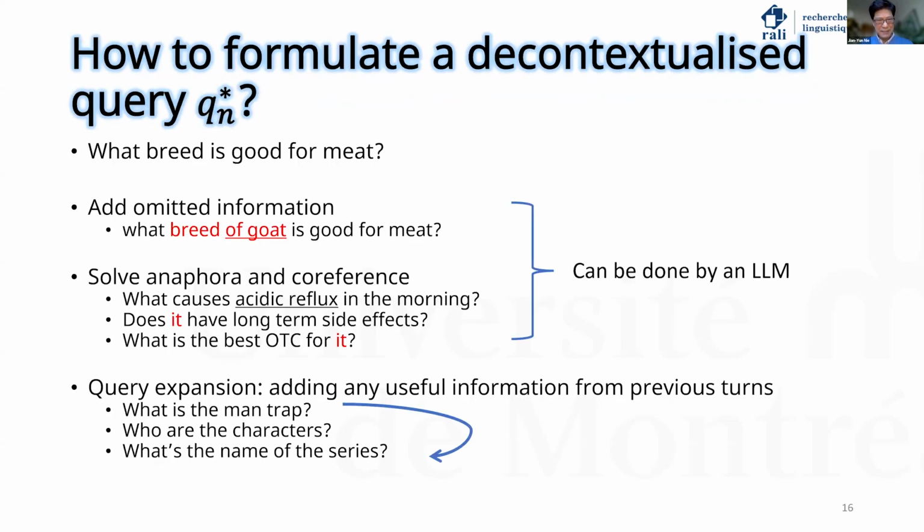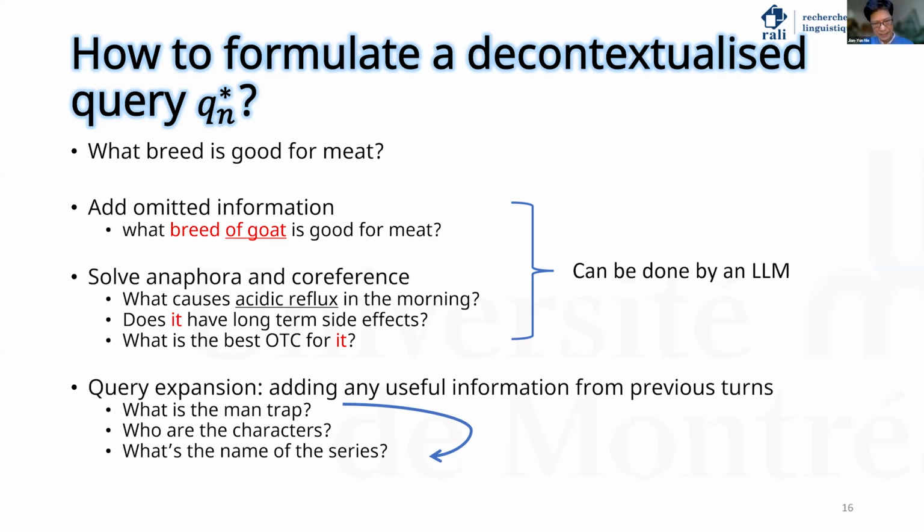So let me just go back to the problem of query reformulation. We have this example, and what we want is to add the missing, omitted concepts back into the query. So this is the first case. And also we want to deal with anaphora.